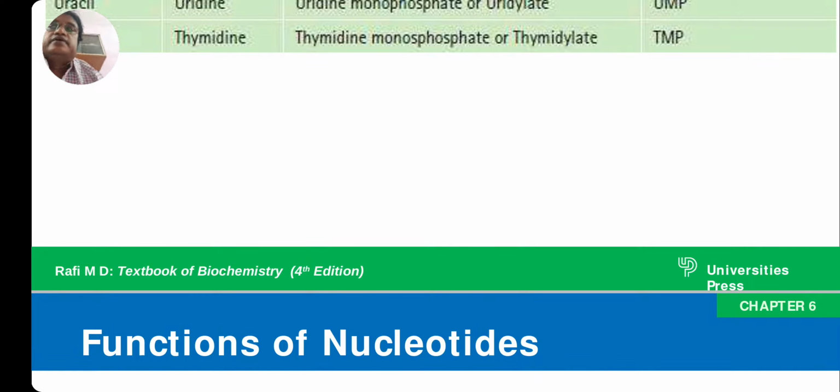N9 of purine ring binds with C1 prime of pentose sugar to form a covalent bond in purine nucleoside. In case of pyrimidine nucleoside, the glycosidic linkage is between N1 of pyrimidine and C1 prime of the pentose.